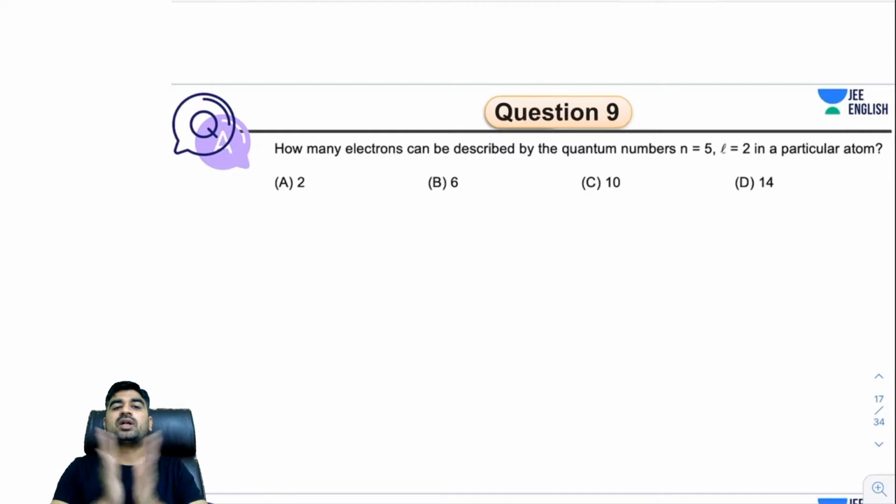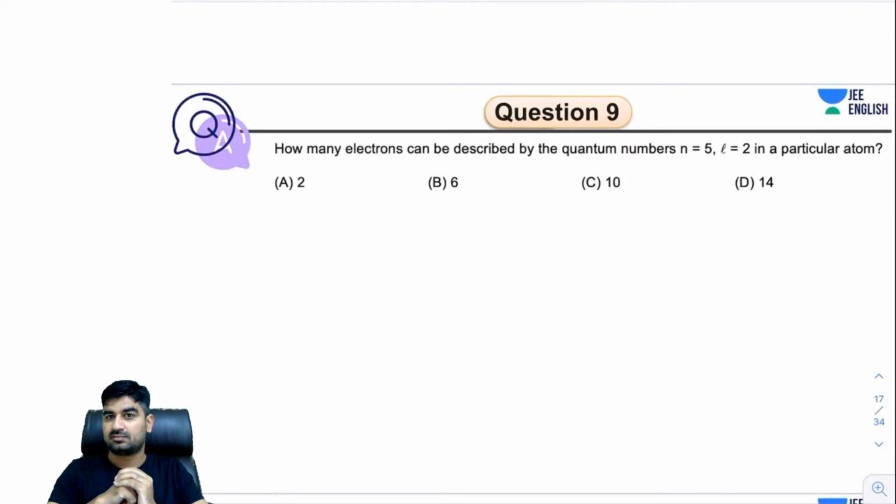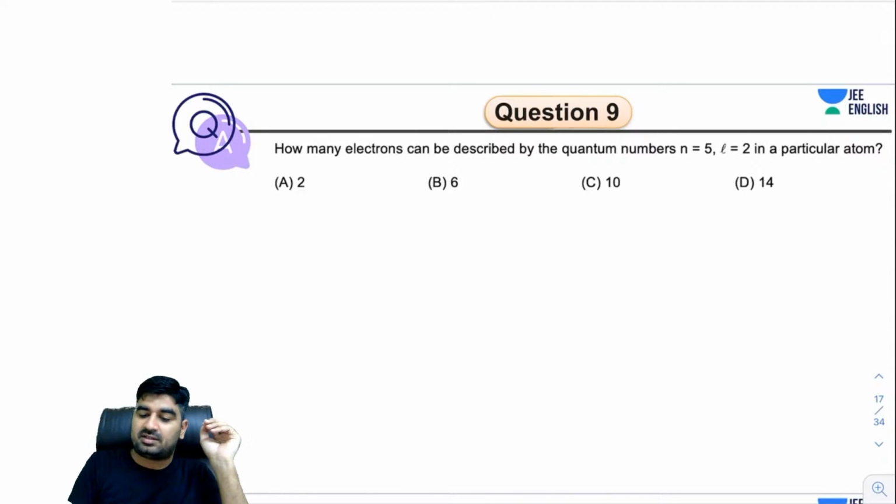N5 and L2. What does it mean? N5, fifth shell. And L2 means it's D, 5D. How many electrons can be described? It means in the address of how many electrons will this particular set of quantum numbers appear. Yes, it's C, 5D.